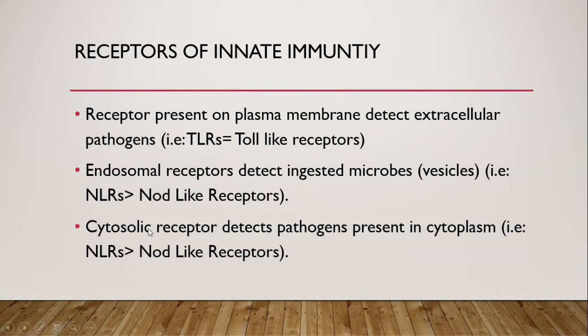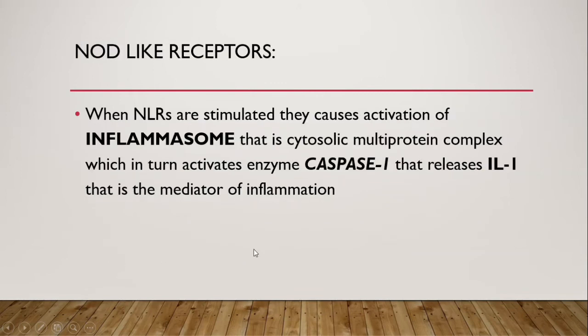Also, cytosolic receptors detect pathogens present in cytoplasm. So the pathogens that are present in the cytoplasm of a host cell, the cytosolic receptors detect those pathogens. The examples are NLRs, node-like receptors. When node-like receptors are stimulated, they cause activation of inflammasome. What is inflammasome?